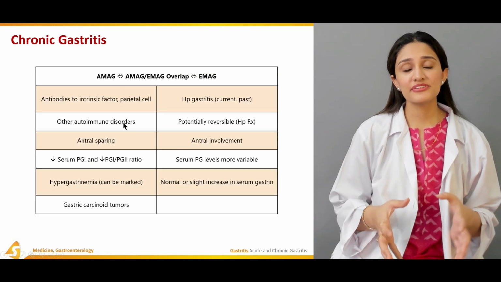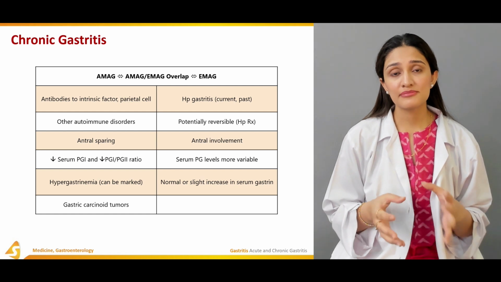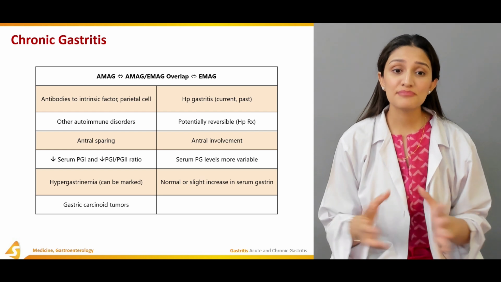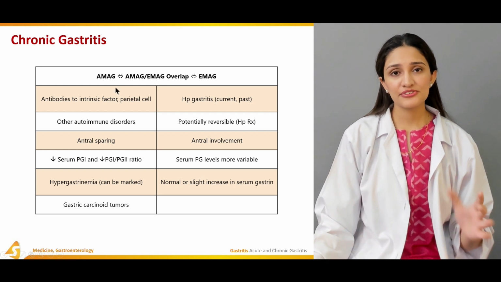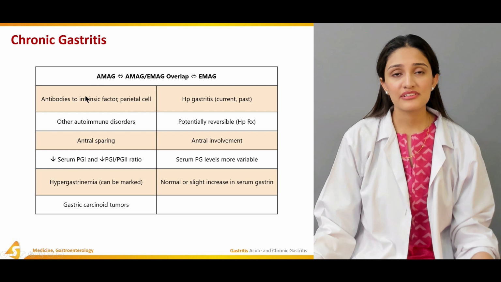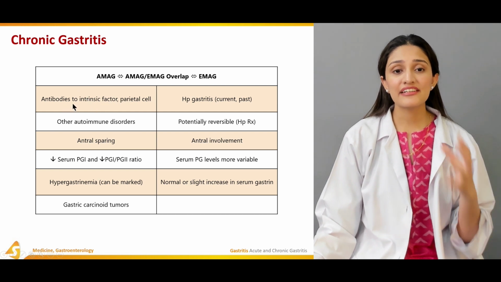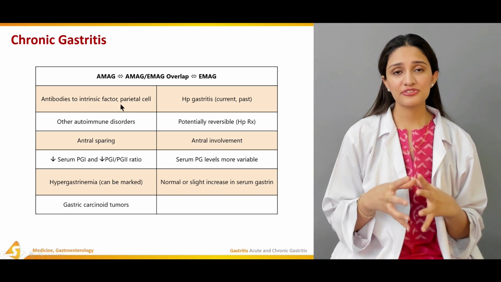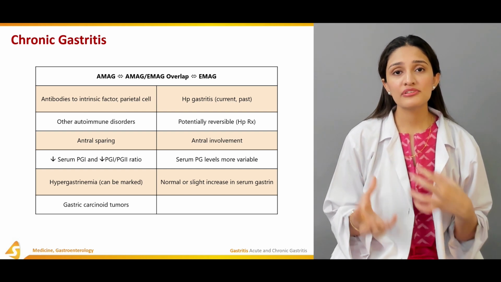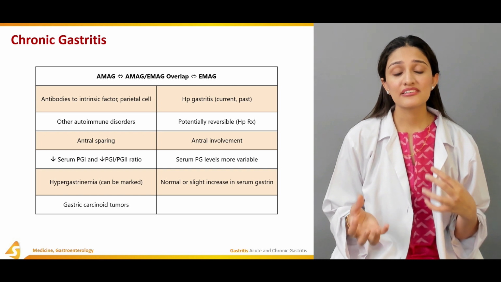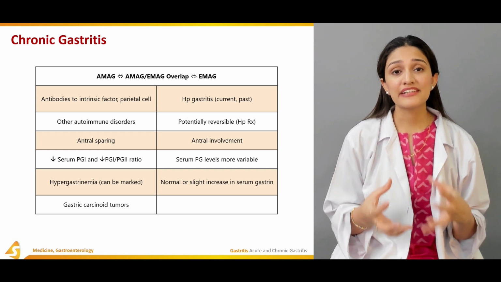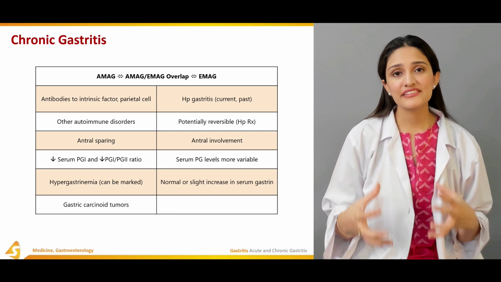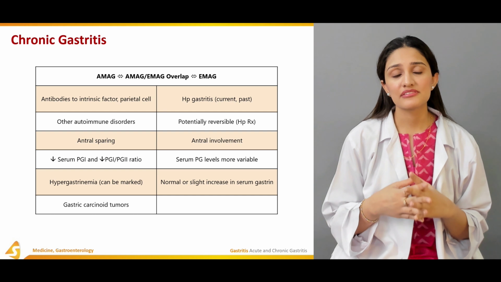Now, if we talk about autoimmune atrophic gastritis and the environmental atrophic gastritis in more detail, the pathogenesis regarding autoimmune atrophic gastritis is antibodies to the intrinsic factor and parietal cells. So this sort of gastritis is more of an autoimmune type, and it causes intrinsic factor and parietal cell antibodies to react against the epithelial surface of the stomach.